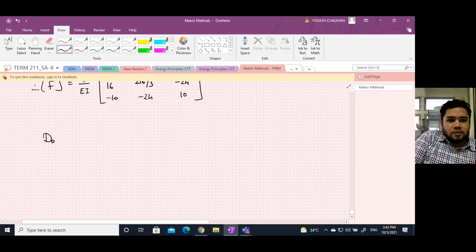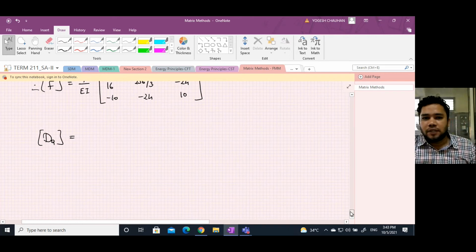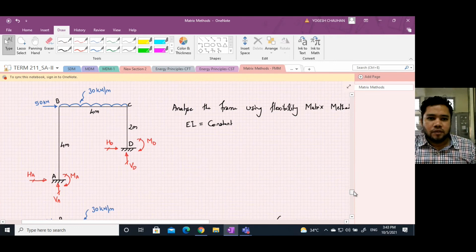Note that DQ matrix, another is DQ matrix, which is the displacement corresponding to actual structure. In this case, we don't have any displacement corresponding to redundant. Suppose that if it has been given in the data that this support D sinks by 10 mm, then the corresponding displacement should be accounted in DQ matrix. Okay, suppose this D rotates by some amount, then that has to be taken into account corresponding to Q3.